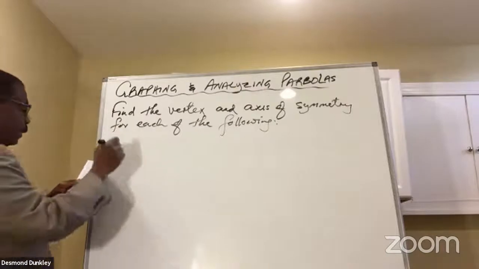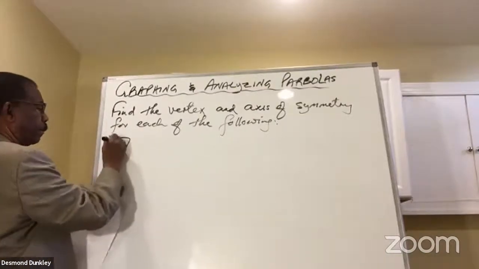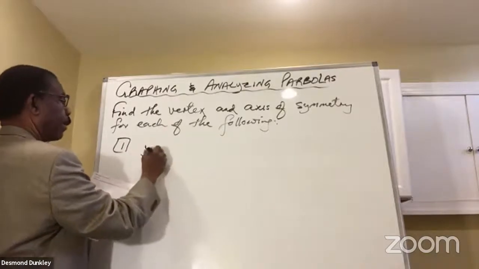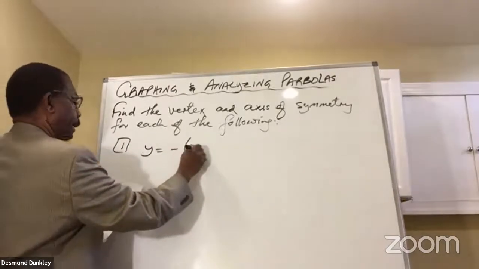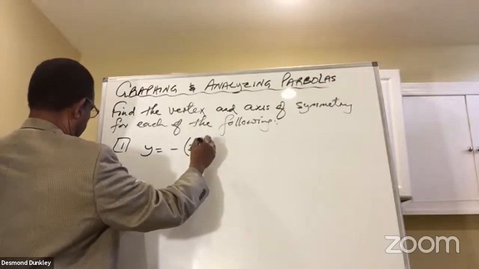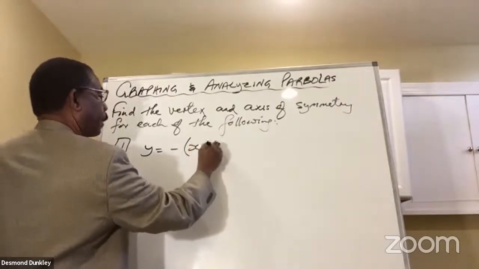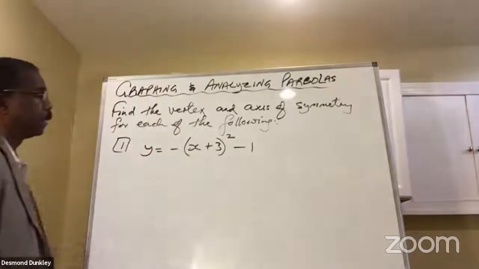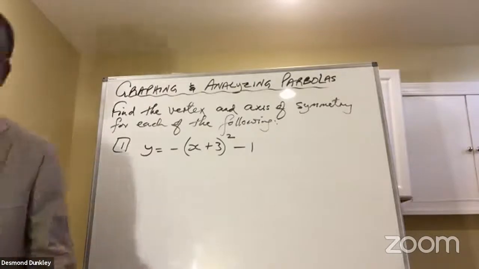Okay, the first one: y equal to negative (x plus 3) squared minus 1. Let's do that as the first one.